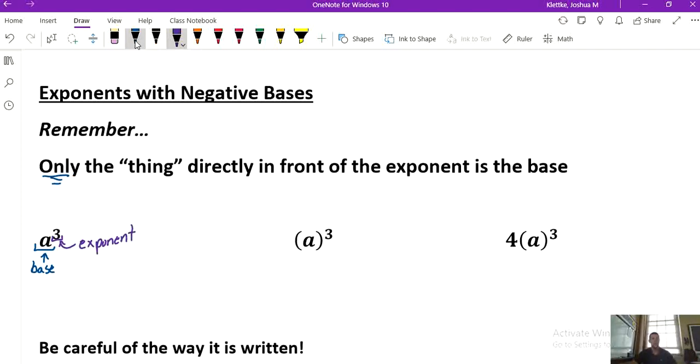Here, we have the exponent of 3, but 3 is hooked up to this set of parentheses. So that means everything in parentheses is the base. We only have a inside of parentheses for this one. So it's not too much different from the first example, but if there is anything else inside of parentheses, that would also be included with the base.